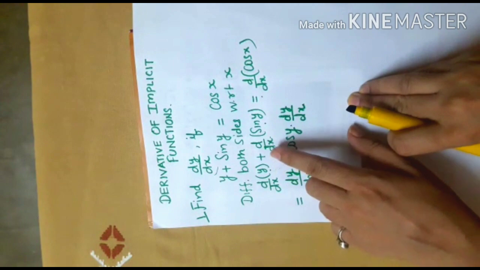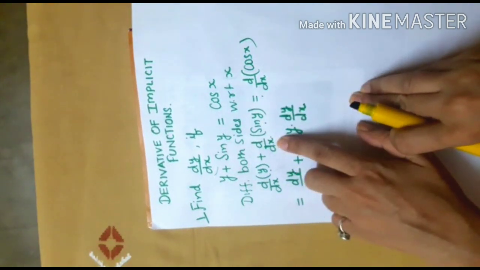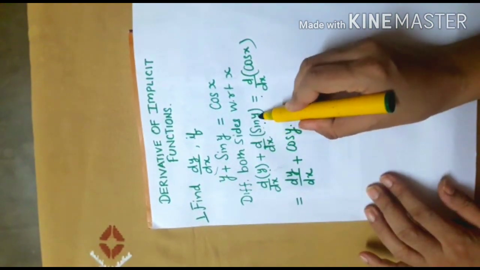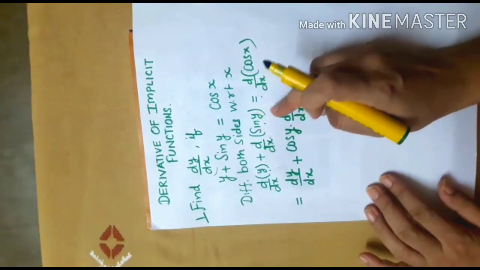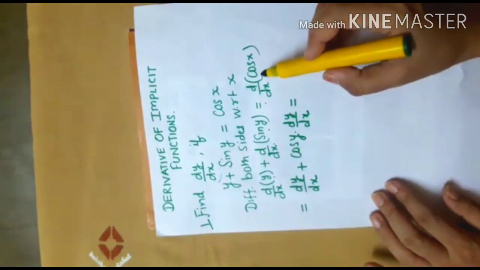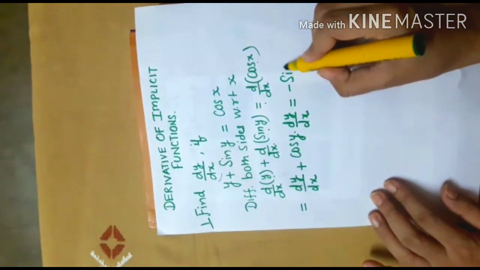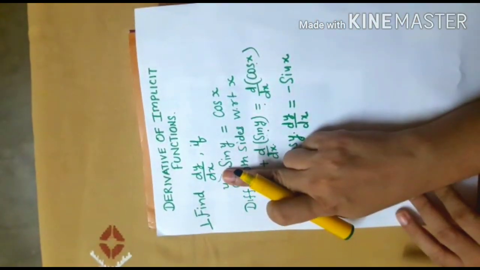When I have to find the derivative of sin y with respect to x, first I find the derivative of sin y with respect to y, and then the derivative of y with respect to x. This equals the derivative of cos x with respect to x. We know that it is minus sin x. Now we are to get the value of dy by dx.